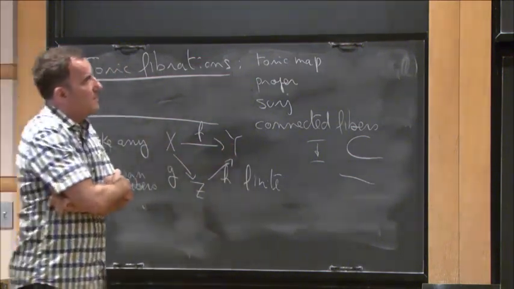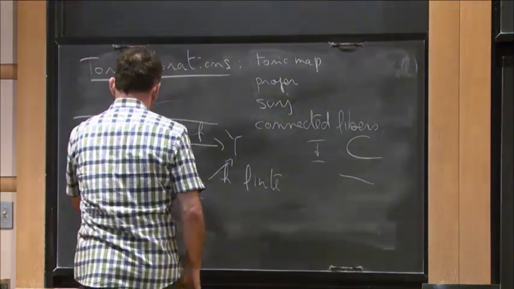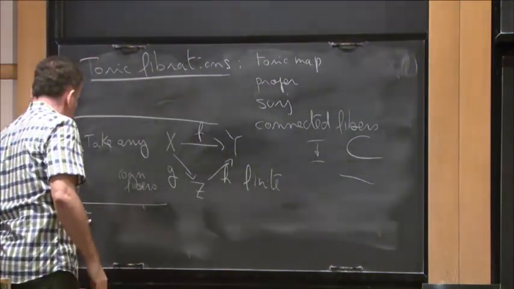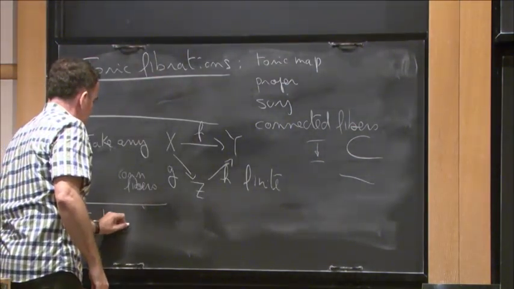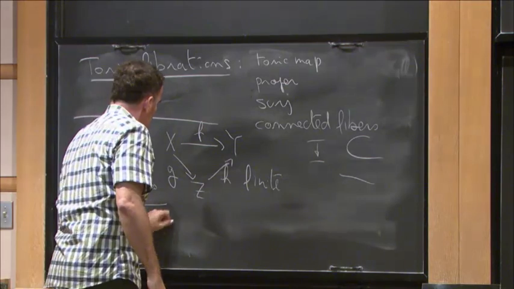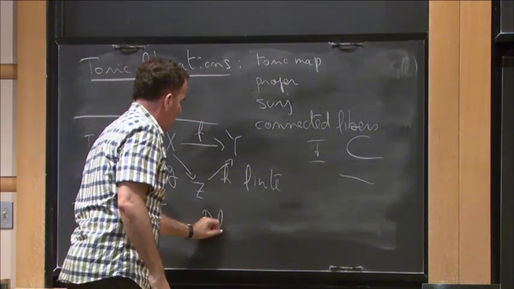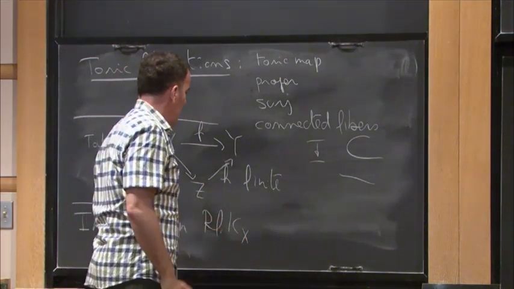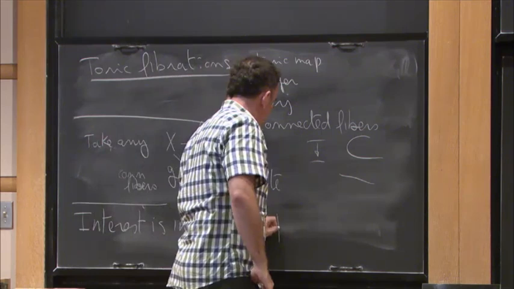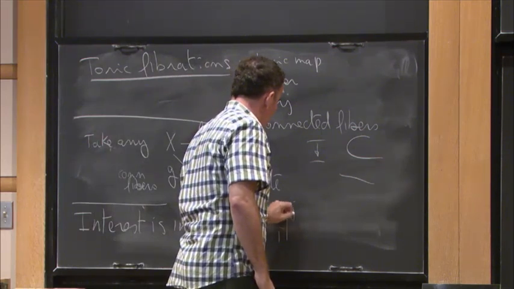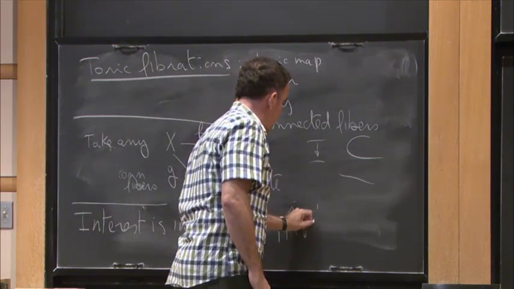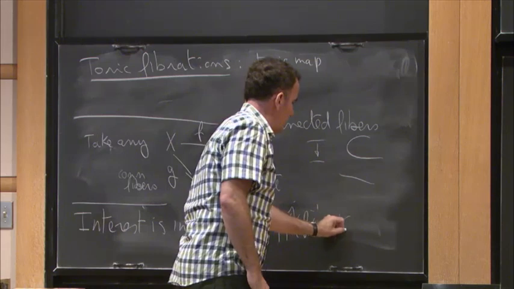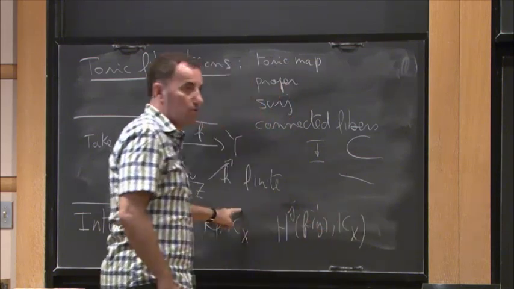So remember, my interest is in the direct image of the intersection complex for F and in these cohomology groups, because they are the stalks of this.